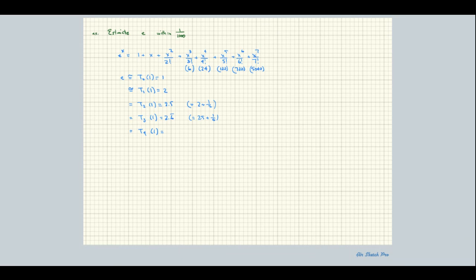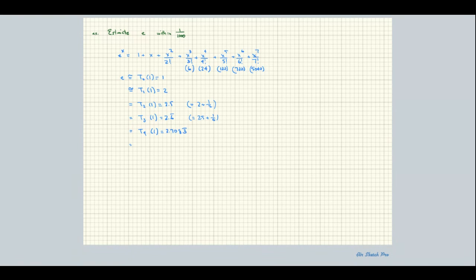That's why I knew that one was going to be within 1 over 1,000. So T4 of 1 is 2.708, threes repeating. 24 inverse. I need to run this with my calculator to make sure I'm there. Yeah, 2.708 threes repeating.